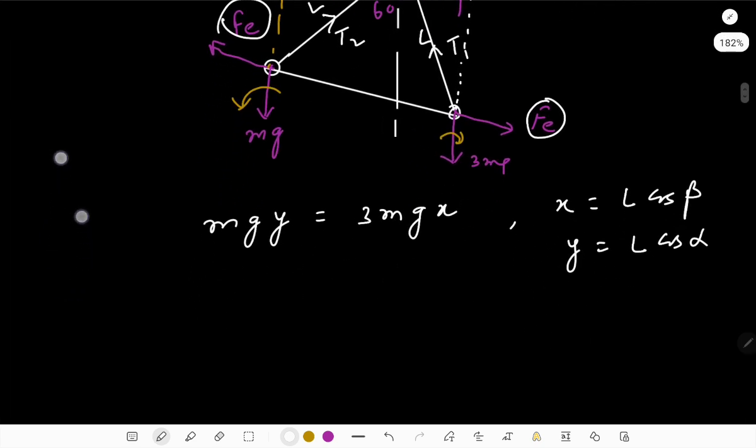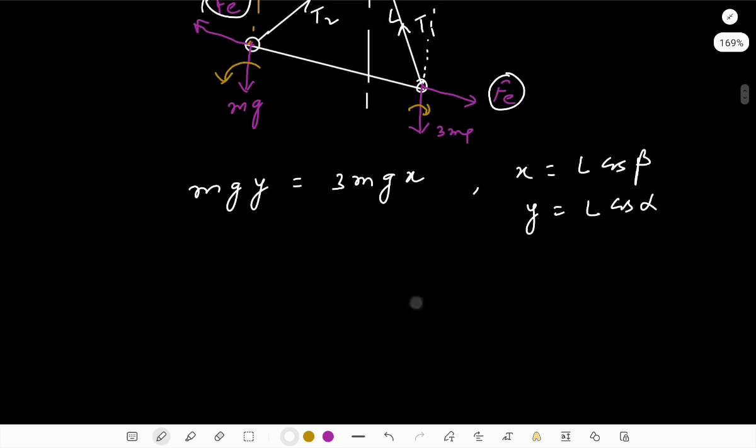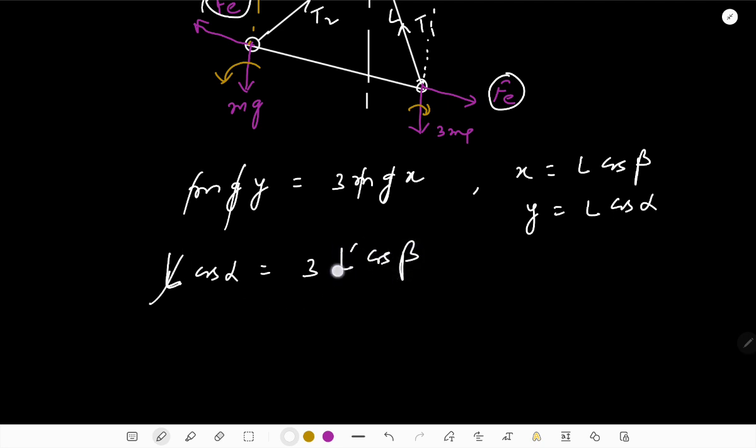That means we have a relation like L cos alpha is equal to 3 L cos beta. That means cos alpha is equal to 3 cos beta.